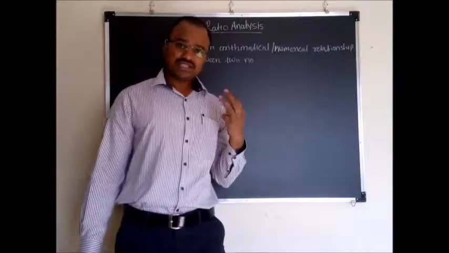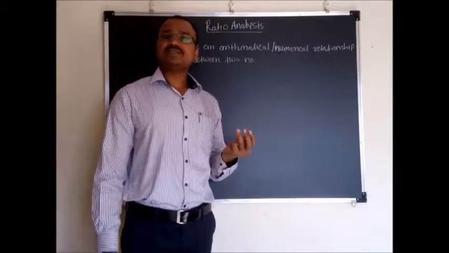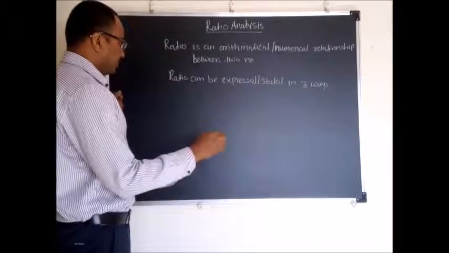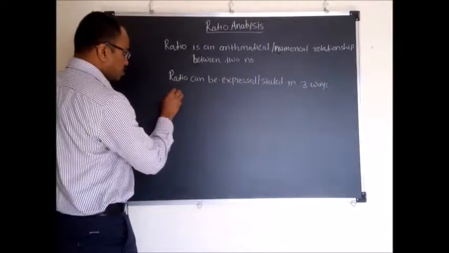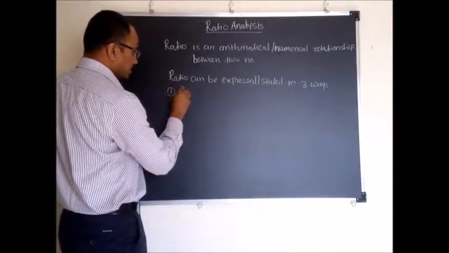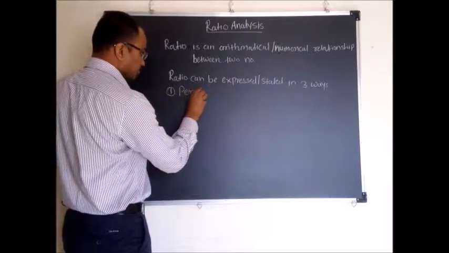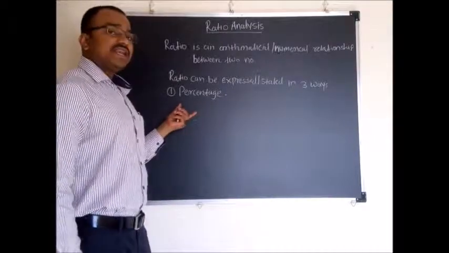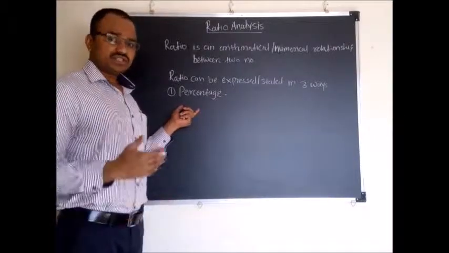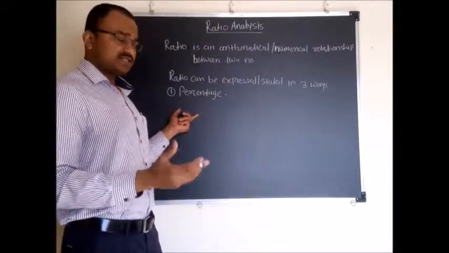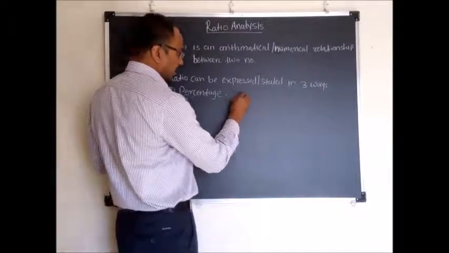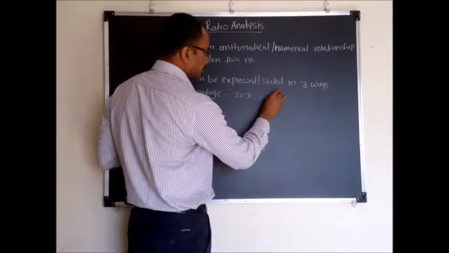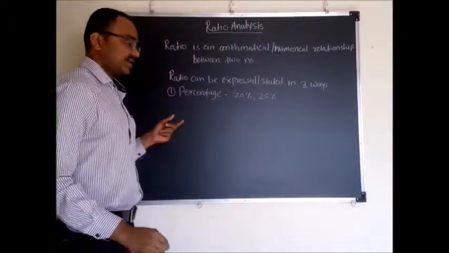And there are three ways to express the ratio. The first way to express ratio is in terms of percentage. When we state ratio in percentage, we express it as 20%, 25%, etc.